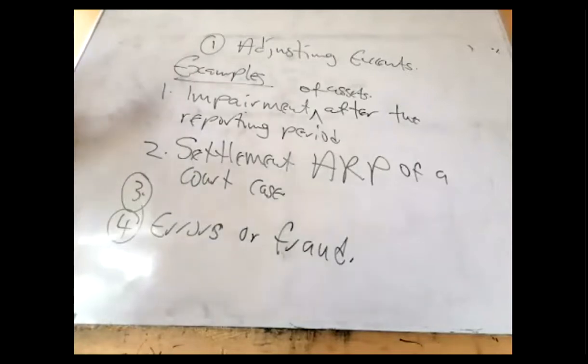So after the reporting, you realize that there are some mistakes that have been committed in a previous year's financial statement. But before you publish it, you correct all the errors, all the mistakes, and all the fraud, adjust all, and make sure that the financial statement you're going to publish is mistake free or fraud free.